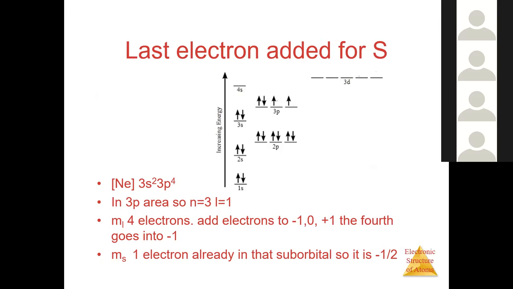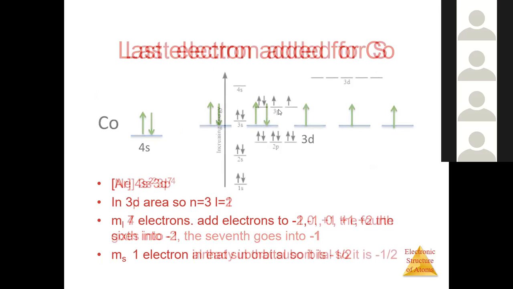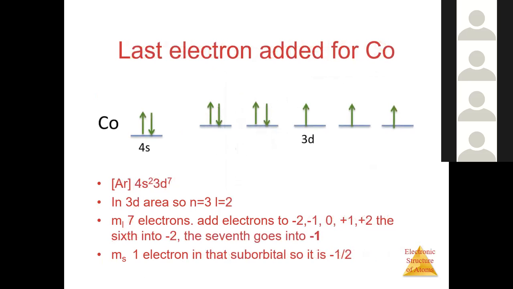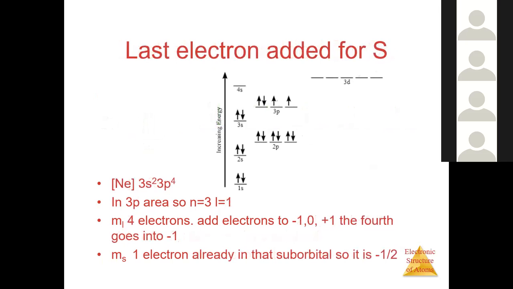Now we have to figure out where that last electron went in for the m sub L. Remember, by my convention, -1, 0, +1. Up, up, up. Last one went into which orbital? -1. So that is what my m sub L is.